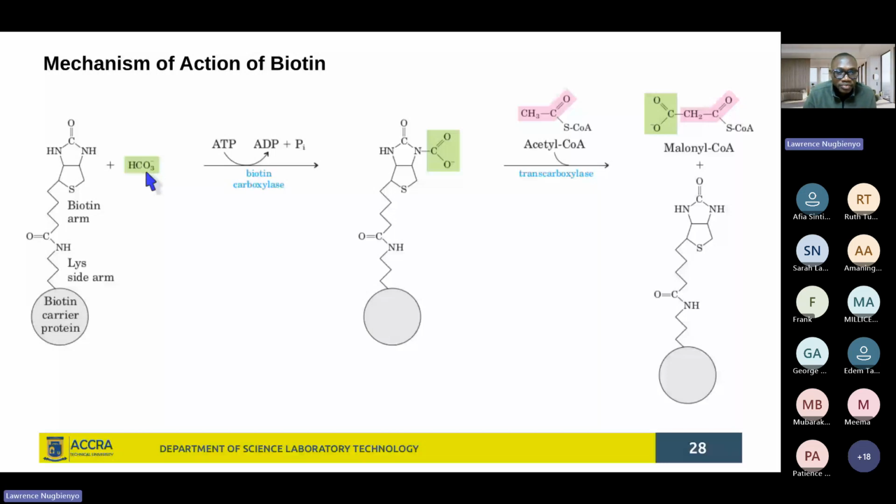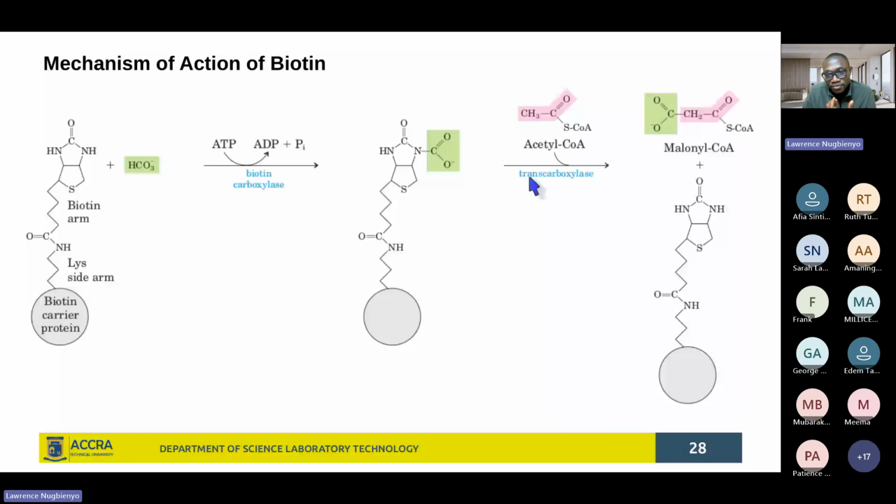And we see biotin carboxylase. Here the enzyme is being referred to as biotin carboxylase, which is transferring the carboxyl group from bicarbonate onto biotin, which is the coenzyme, and biotin is carrying it now onto acetyl-CoA.